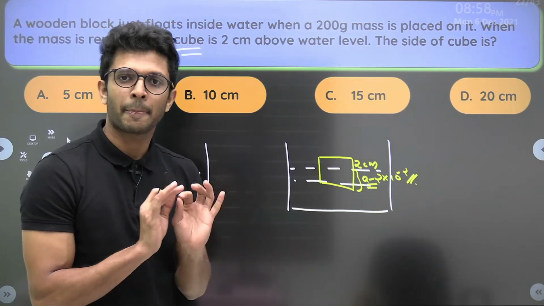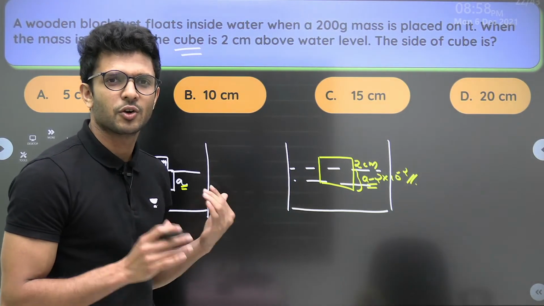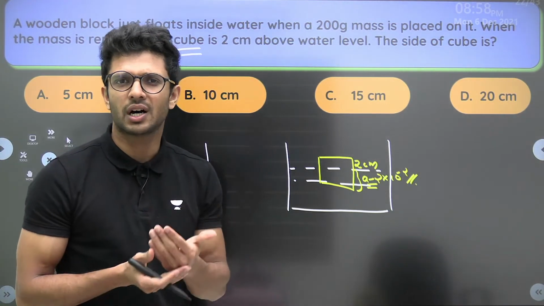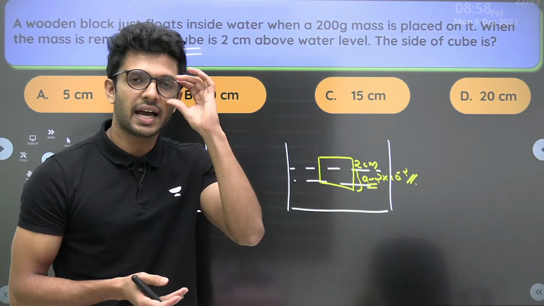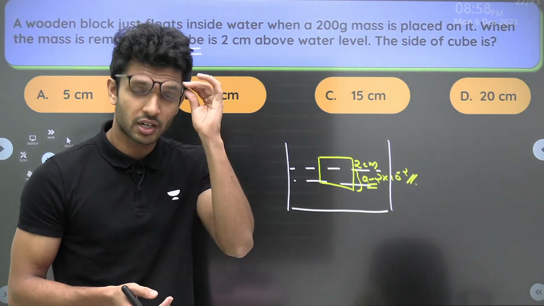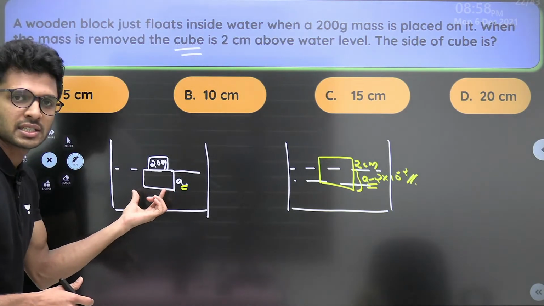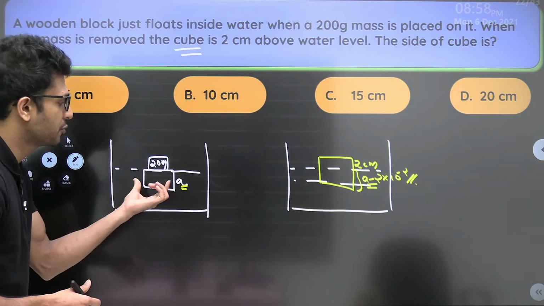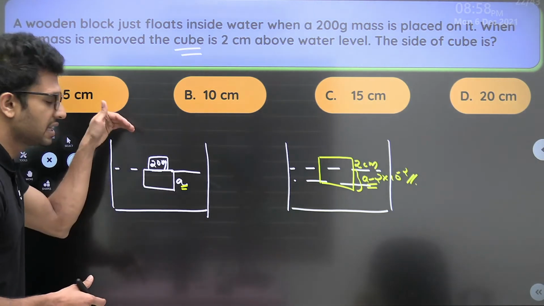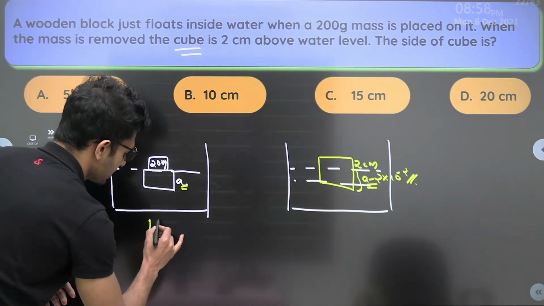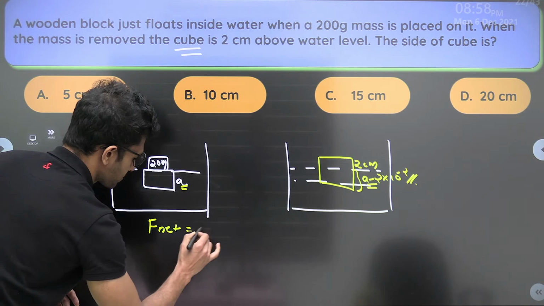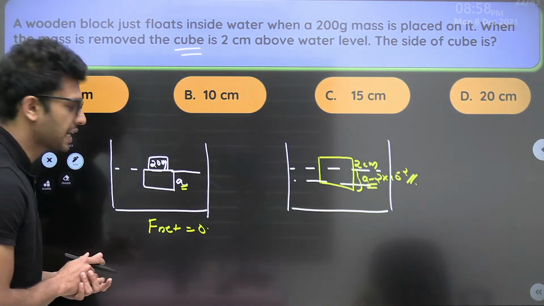Done. Now again, whenever you come across problems related to Archimedes, law of flotation and buoyant force, which concept do we use? Newton's law, right? So here is a body in equilibrium. Is the net force equal to 0? Obviously yes, because the body is at rest. So mark all the forces acting.